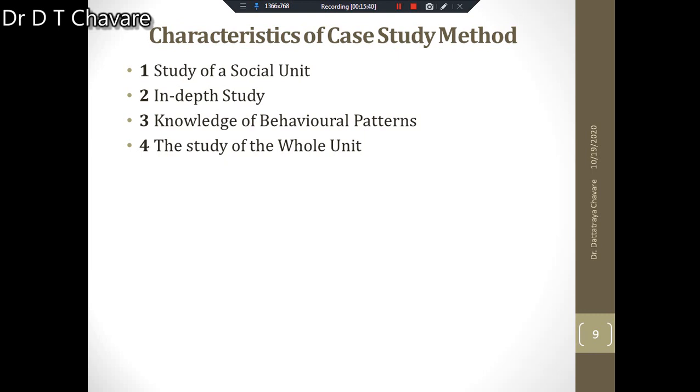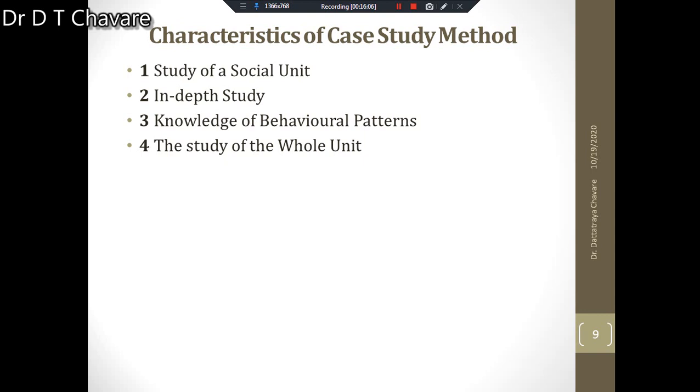First characteristic is the study of a social unit. Try to understand, my friends, the case study method studies a subject matter which forms a whole or may be treated as a unit. It is not necessary that such a unit must always be a person.